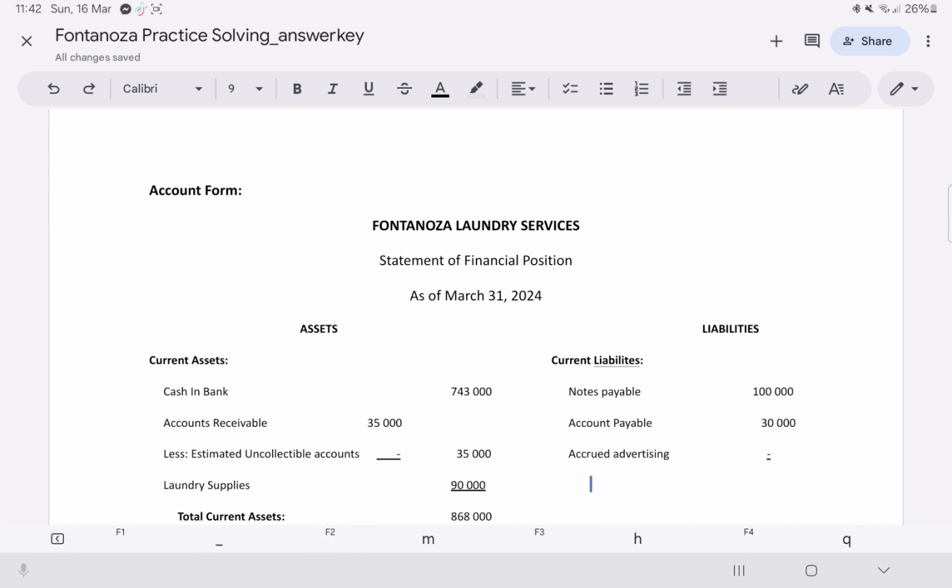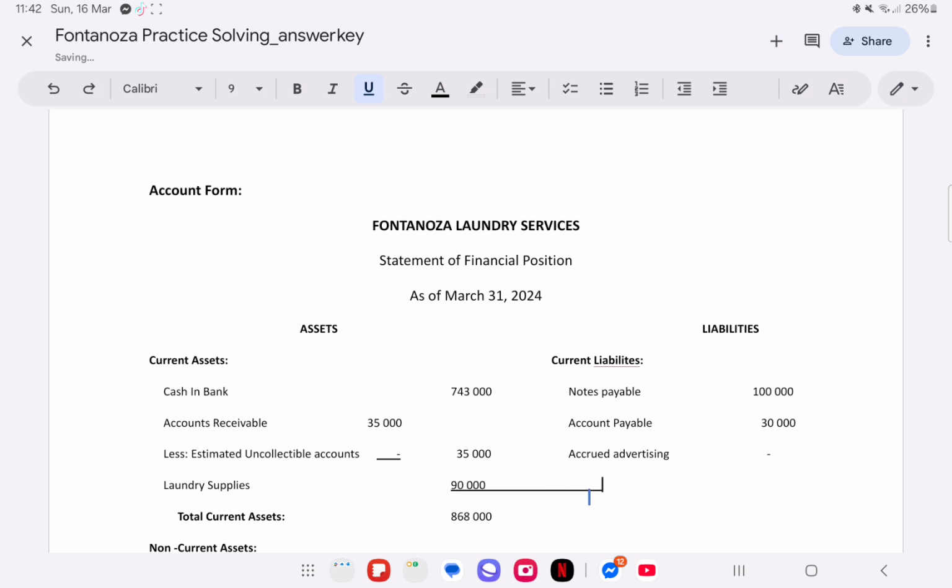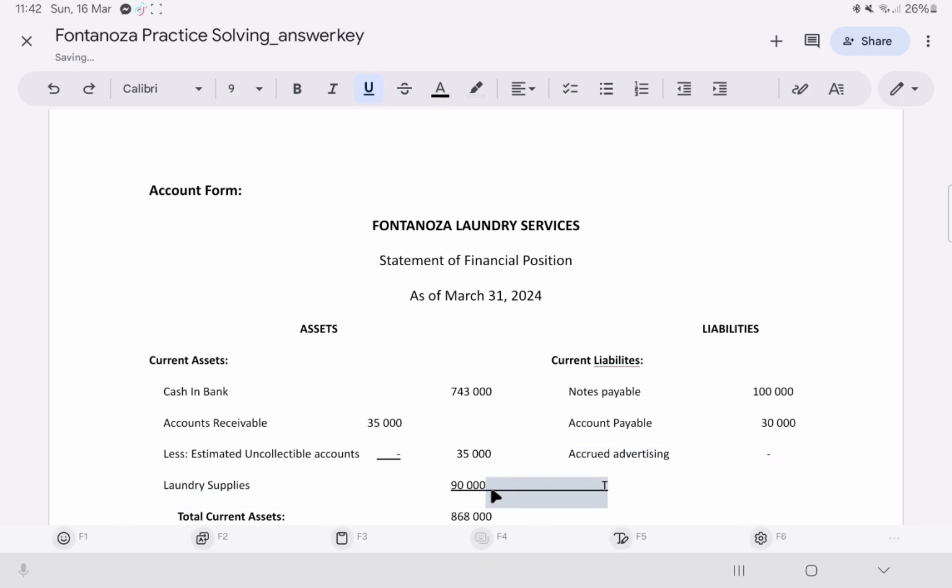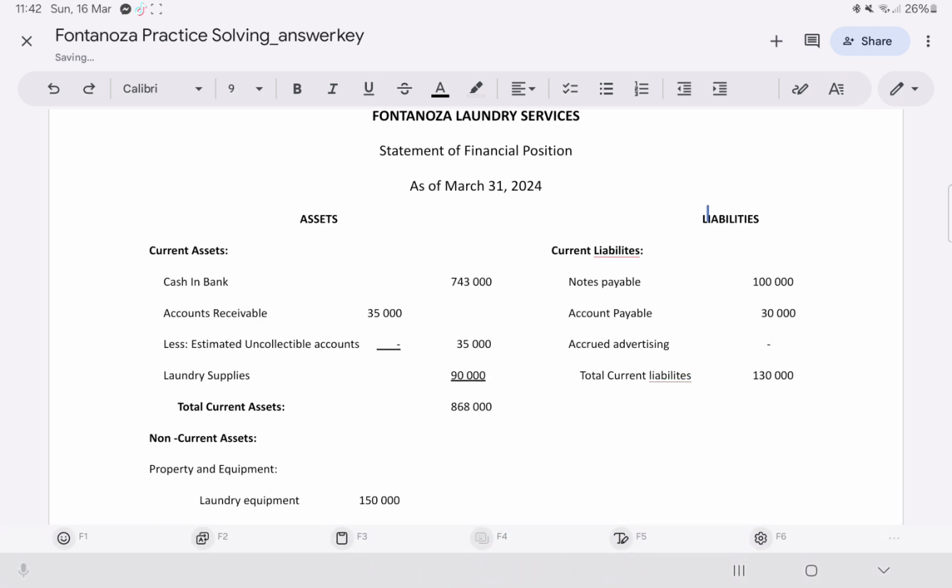Then total current liabilities: total current liabilities is 130,000.